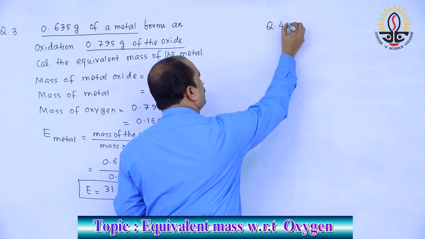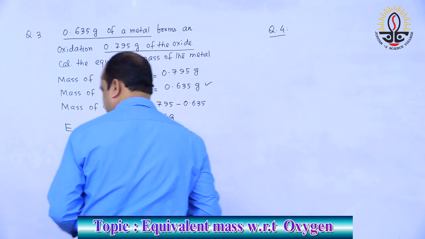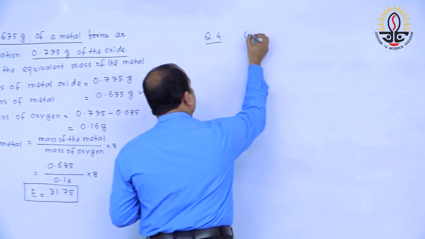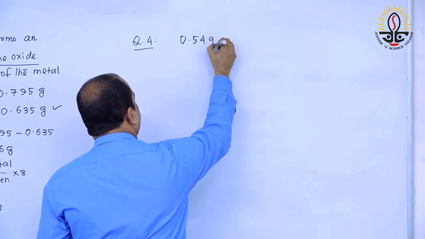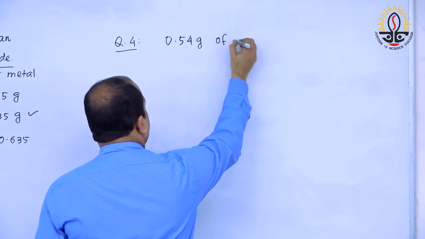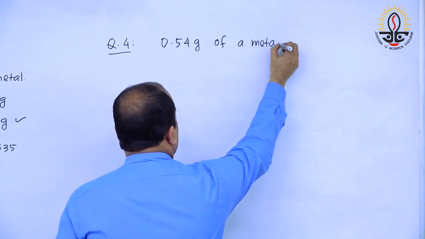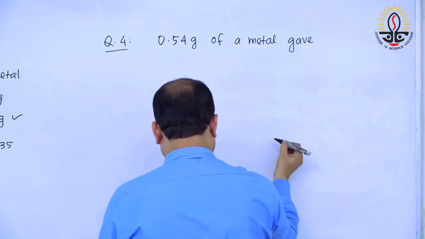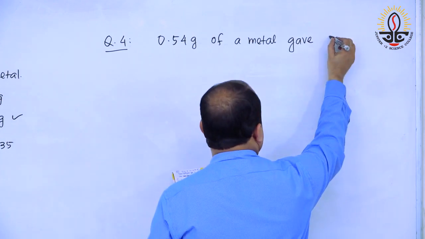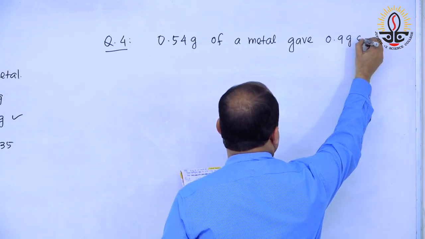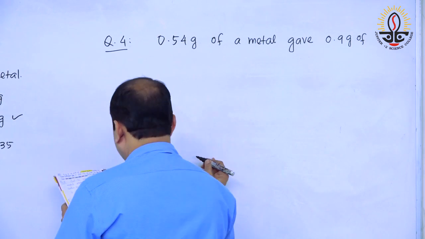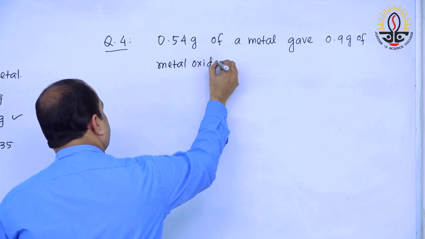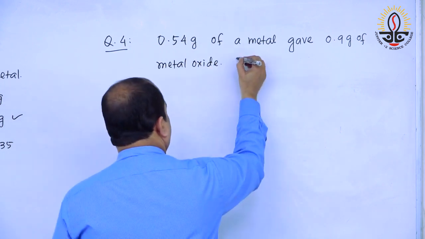Question number 4 is: 0.54 gram of a metal gave 0.9 gram of metal oxide.